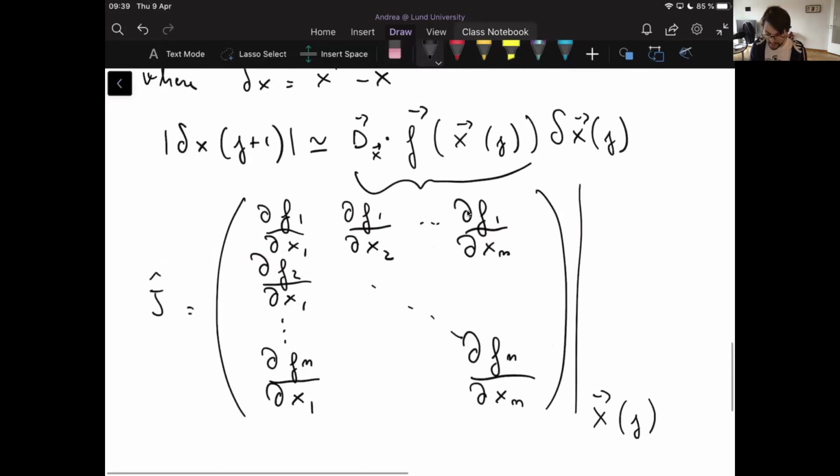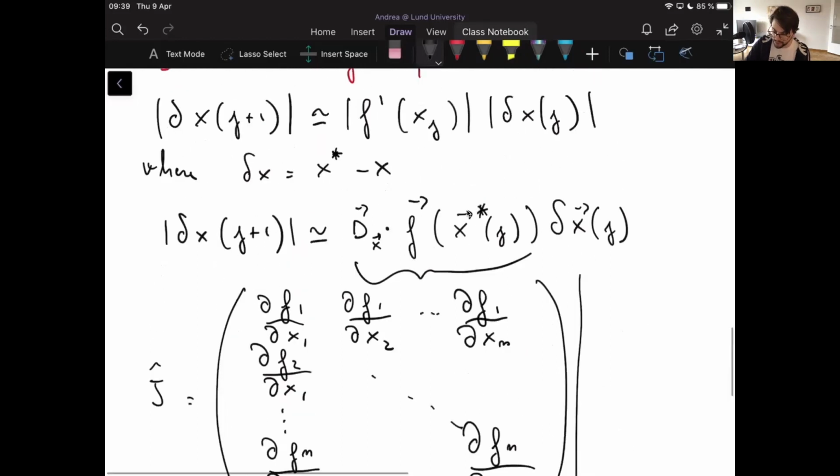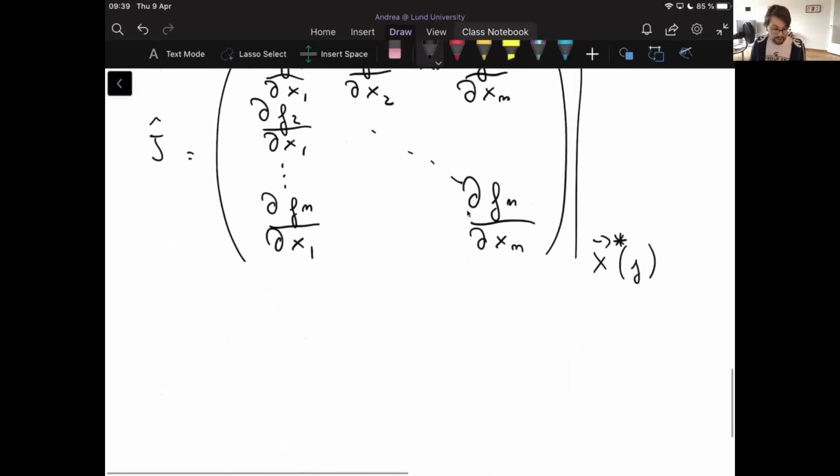Usually we evaluate it at the fixed point. That's what we used to do in one dimension because it was convenient to see the behavior around the fixed point.